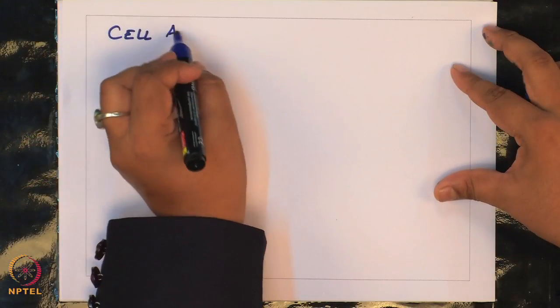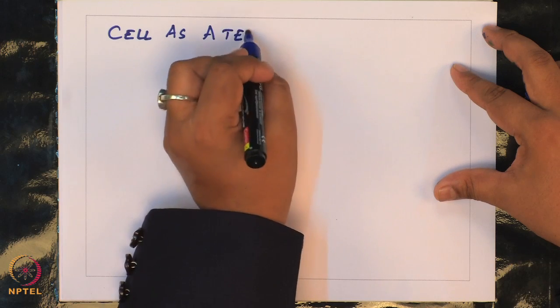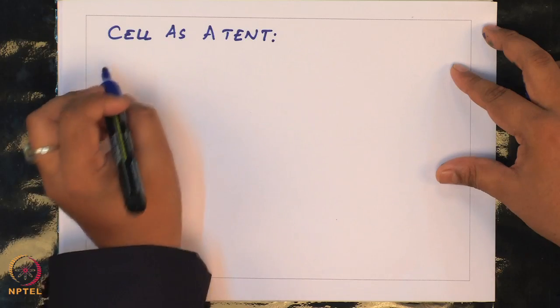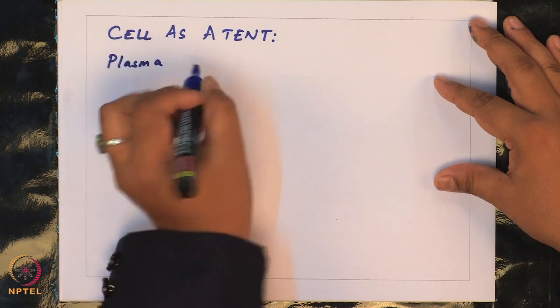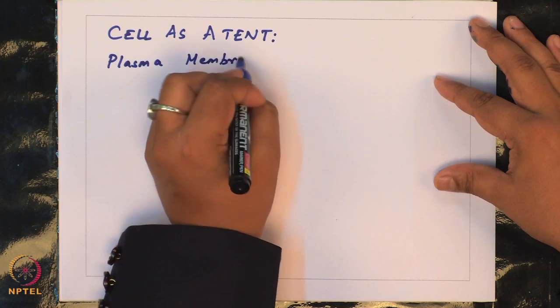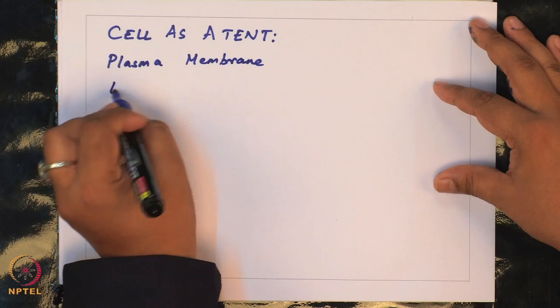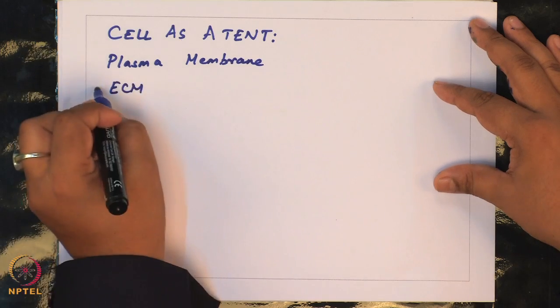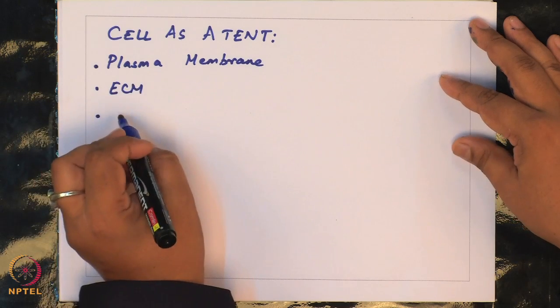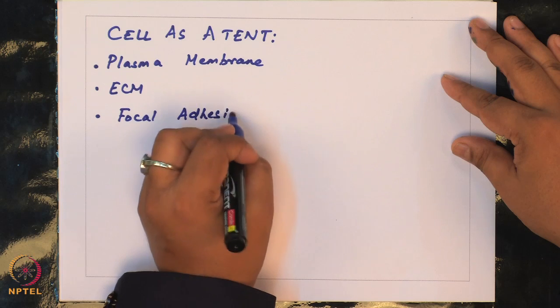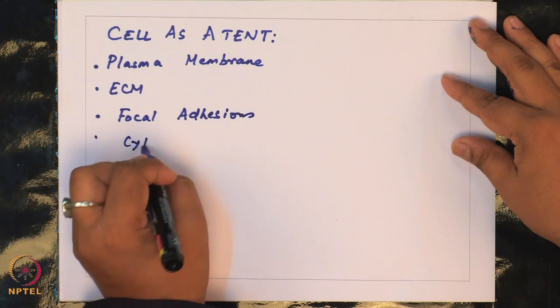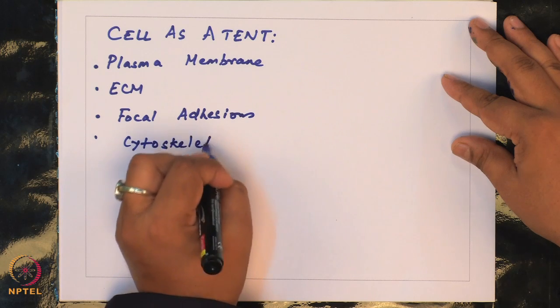Now, I will again come back to our analogy of cell as a tent. Okay. You have cell as a tent. So, we discussed, there are 4 things, right: plasma membrane, ECM, and cytoskeleton.